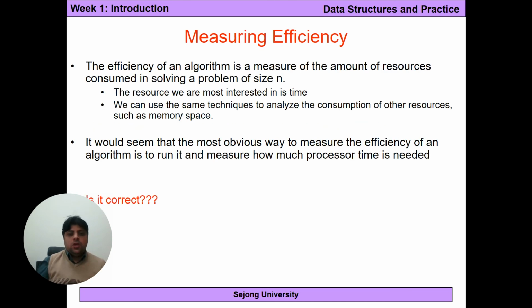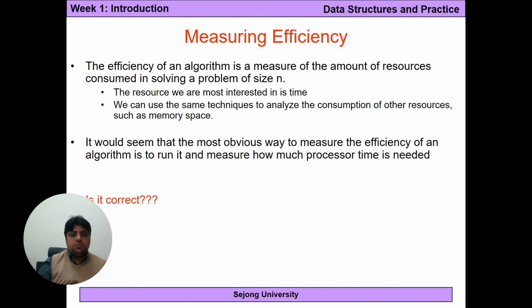Okay, how can we measure the efficiency? Measuring the efficiency of the algorithm. The efficiency of an algorithm is the measure of the amount of resources consumed in solving a problem of size n. There is some arbitrary size n.